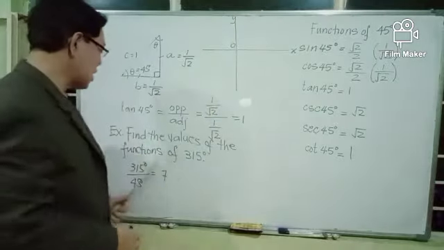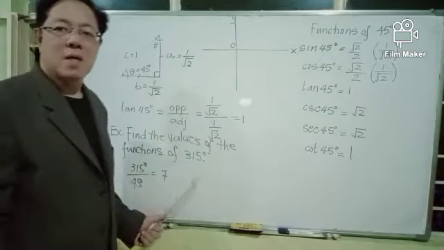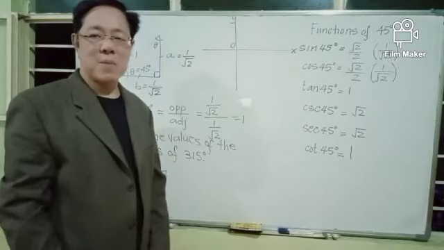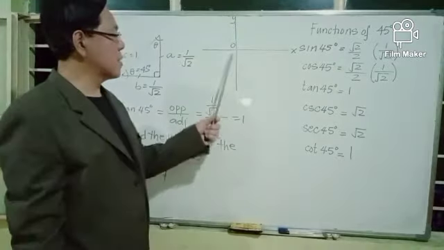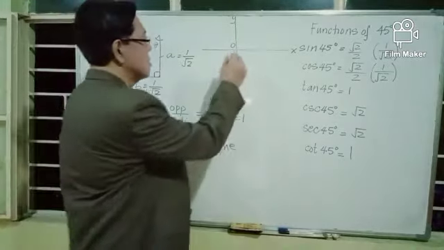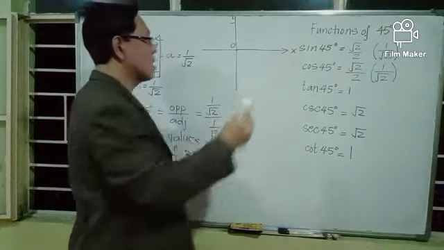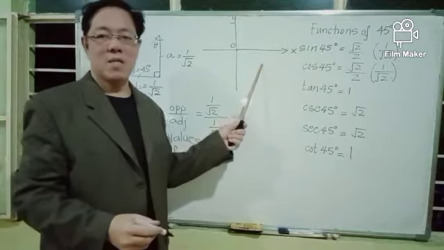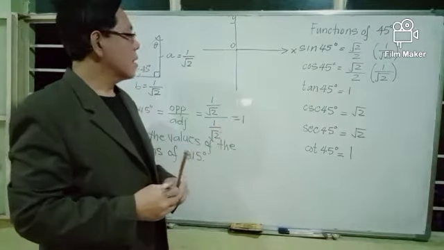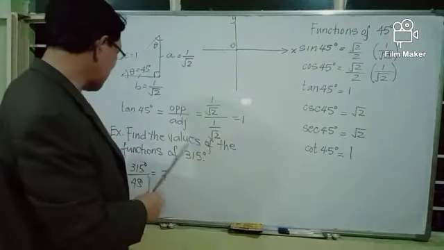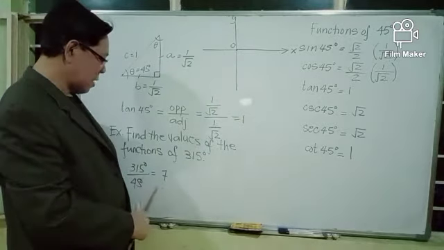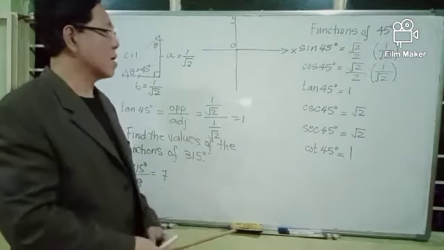If we draw the angle 315 degrees in standard position, the vertex should be at the origin, and the initial side is at the positive x-axis. And 315 degrees contains 7 45-degree angles.